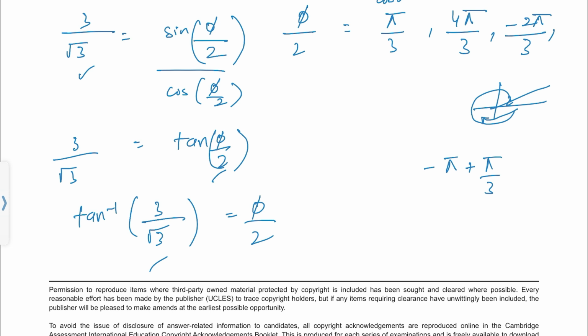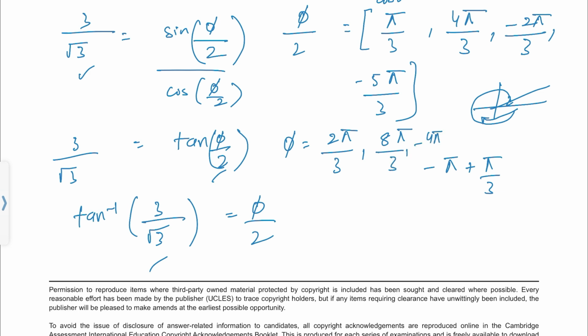And the other one would be negative 2 pi plus pi by 3, that would be negative 5 pi by 3. So we multiply all these values by 2. This would be 2 pi by 3, 8 pi by 3, minus 4 pi by 3, and minus 10 pi by 3.